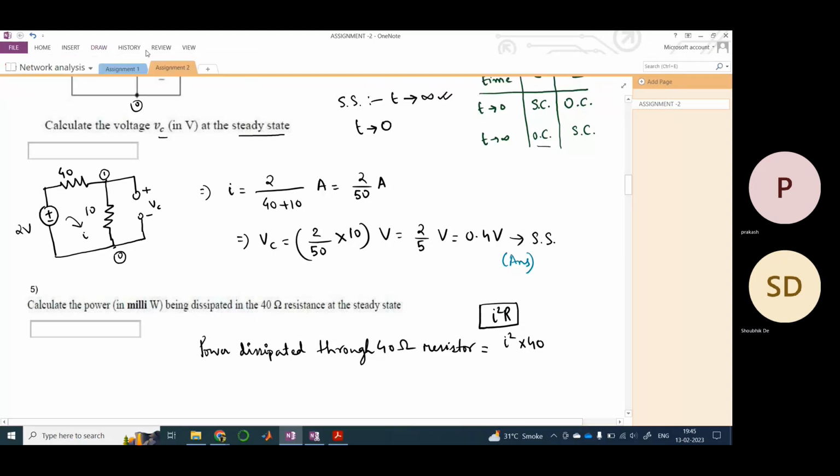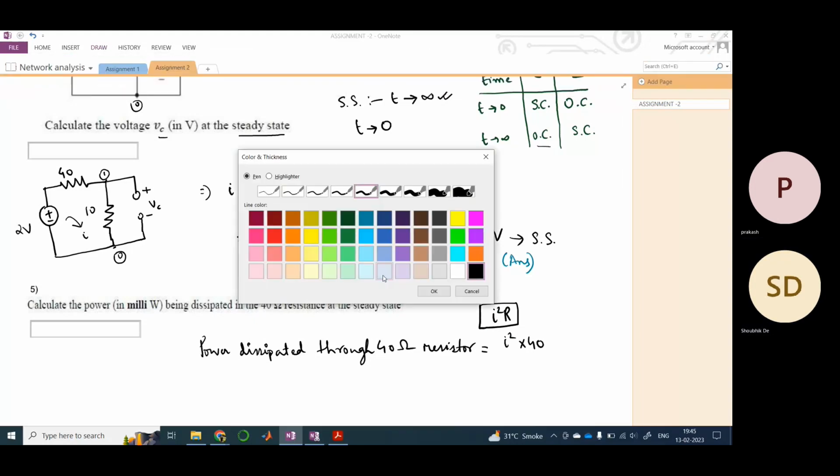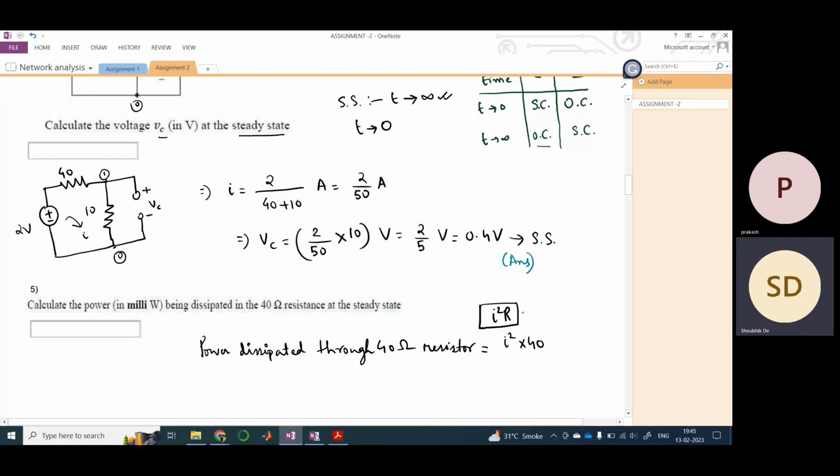And again my I was 2 by 50. So 2 by 50 into 2 by 50, and then this is 40.